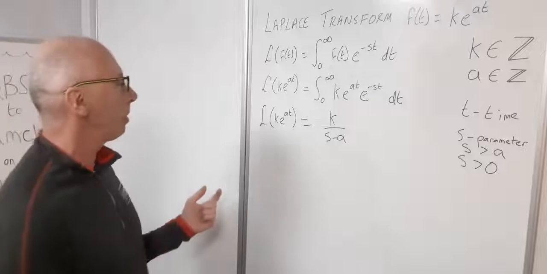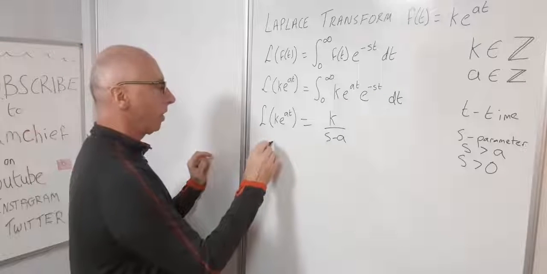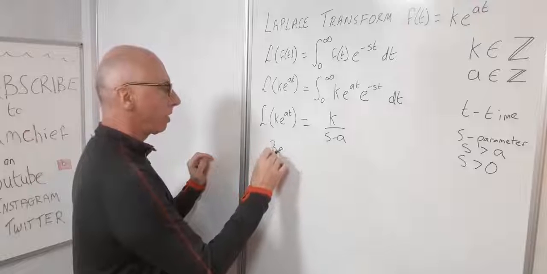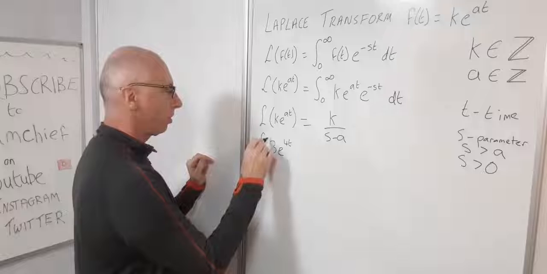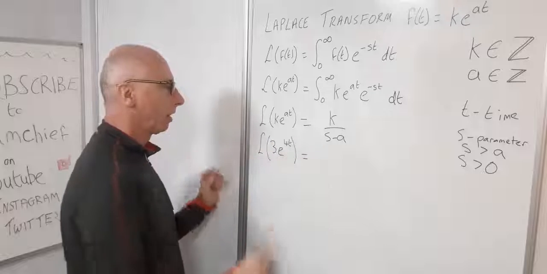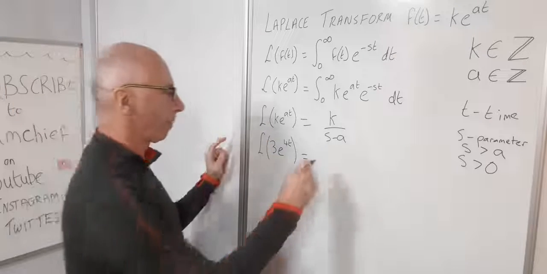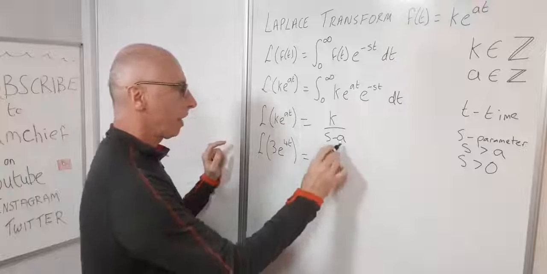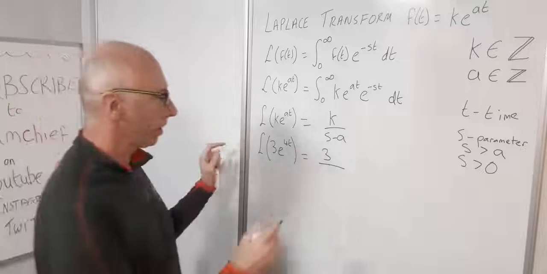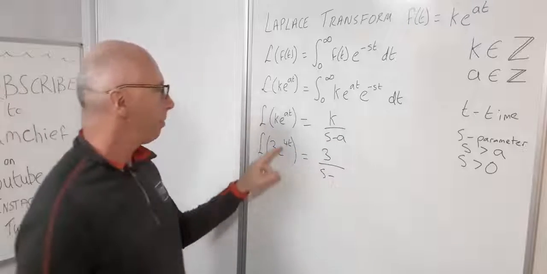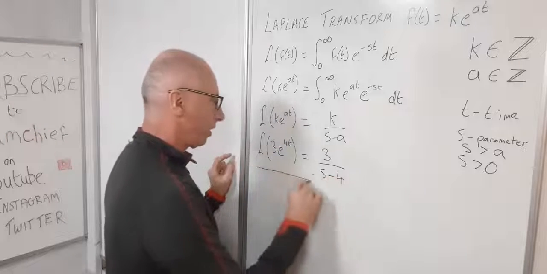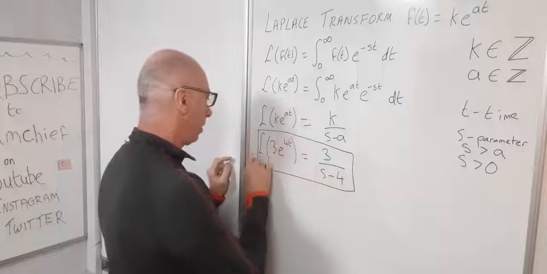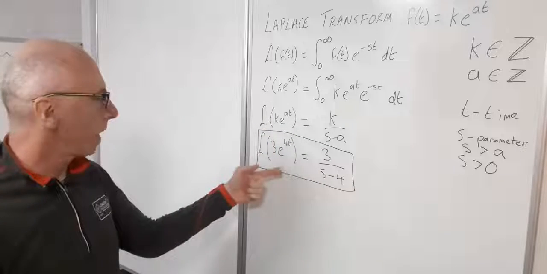So now let's be a little more specific, and look at, for example, 3 times e to the 4t. My Laplace transform of that, my k is going to be 3, and I'm going to have s minus a. Well, s is my parameter, so that stays, and here my a is just positive 4. So that's an example for those values.